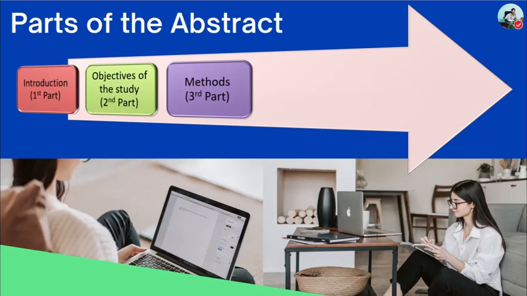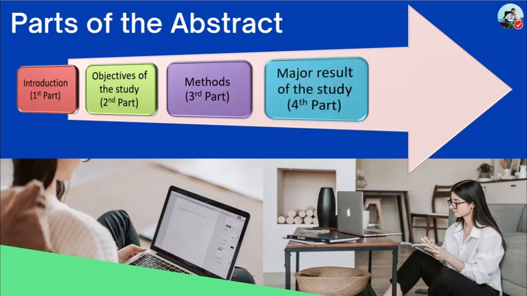And then, before the methods, when you publish a paper from your thesis, for example, you write Cebu, but you will change it into Philippines, because Cebu is not known to foreign readers. Part 3 is the methods that you have used.